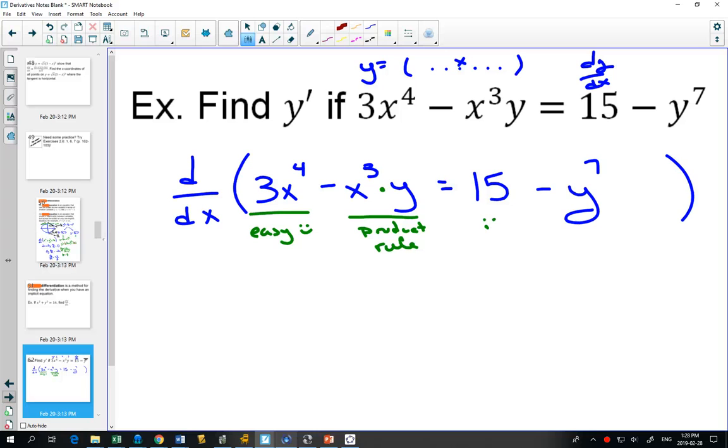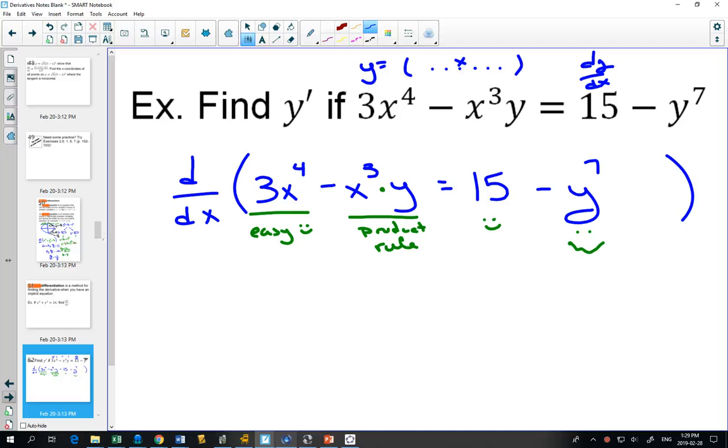This is going to be easy, derivative of 15. And this is going to be relatively easy. Those aren't official math symbols, I just made those up.